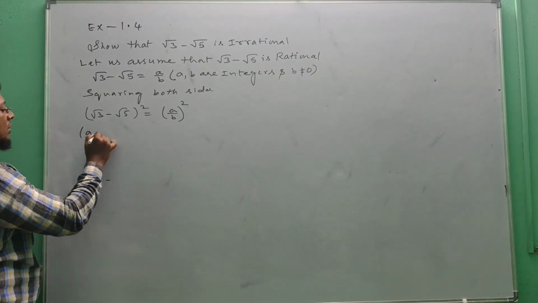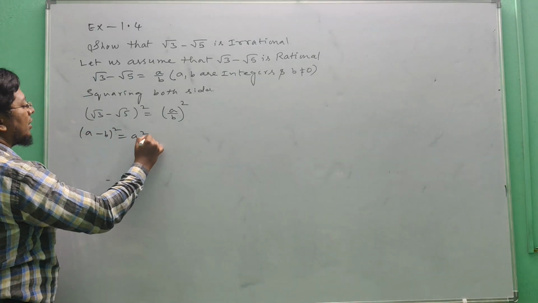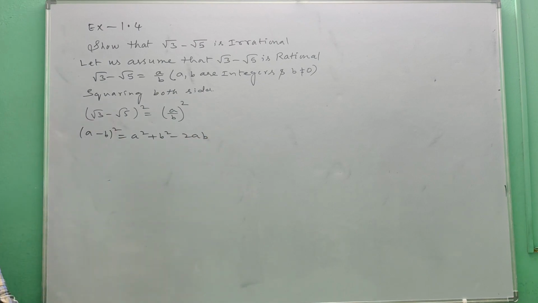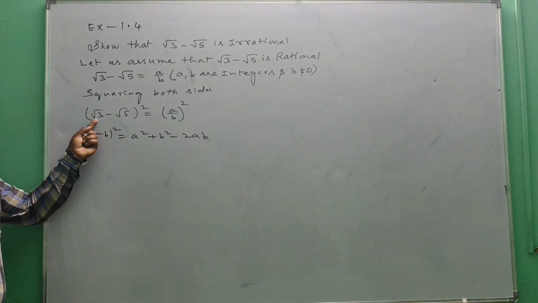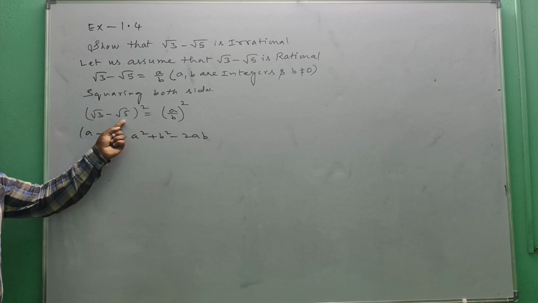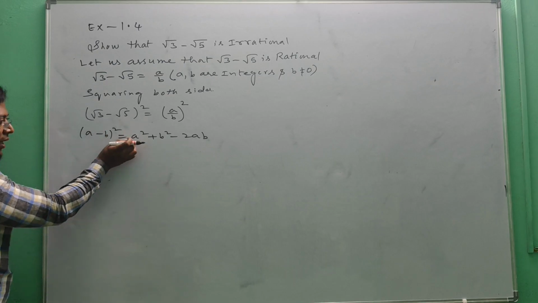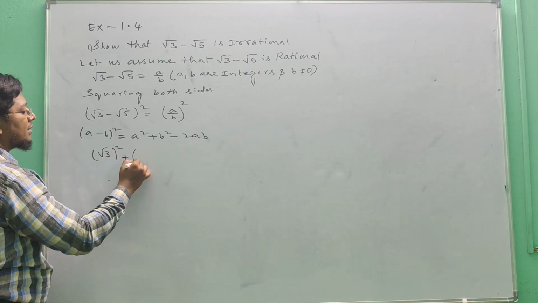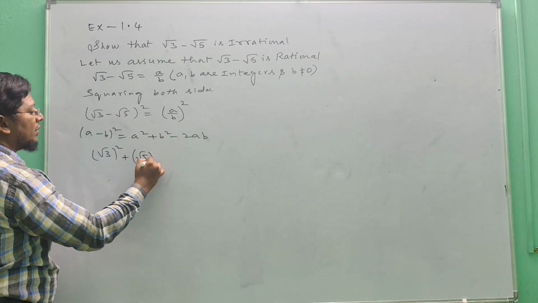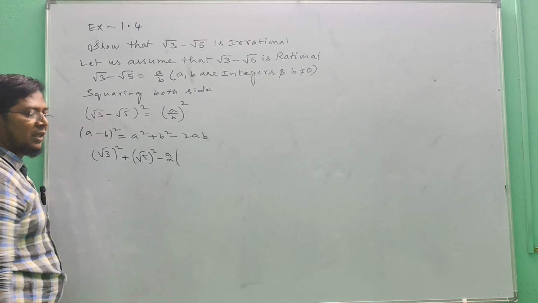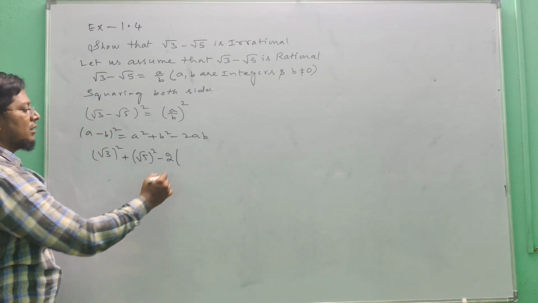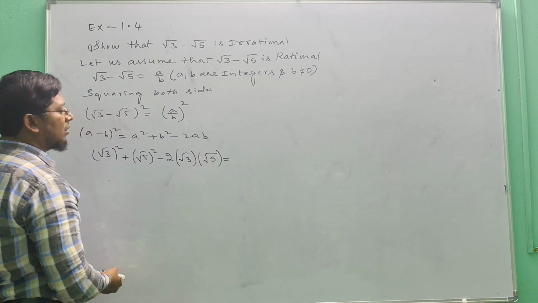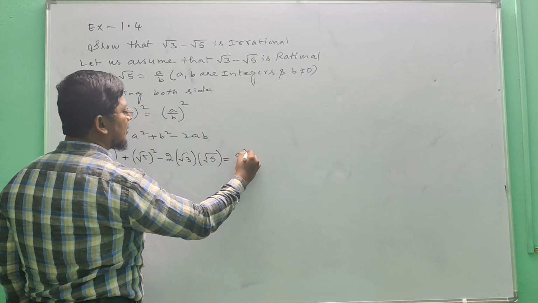So I will write the formula here: a square plus b square minus 2ab. So what is the a value here? Root 3. What is the b value here? Root 5. A square, what is a? Root 3 square. Plus b square, what is the b value? Root 5 square. Minus 2 into a, what is a? Root 3. What is b? Root 5, is equal to what? A square upon b square.